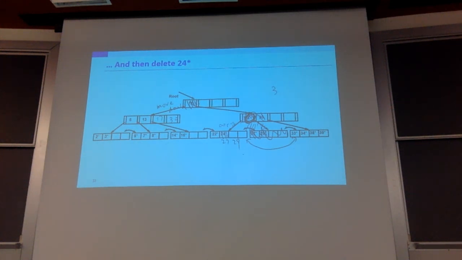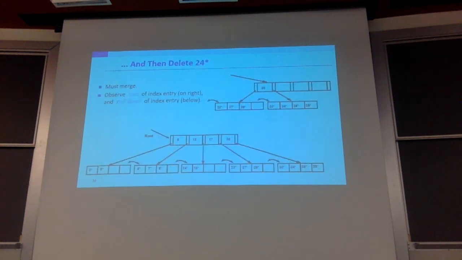Then once you do that, the root page becomes empty. That's not okay, so you just declare this is a new root. Okay? And scratch this old root page entirely. So then you end up with something like this.